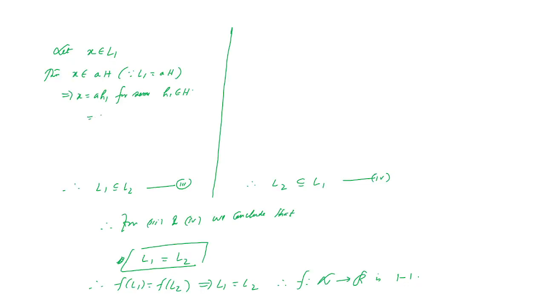So we'll put BH inverse H1 by star. By associative law, we can write B H inverse H1, and that belongs to BH, since H inverse H1 both belong to H, and H is a subgroup, and BH is basically L2.